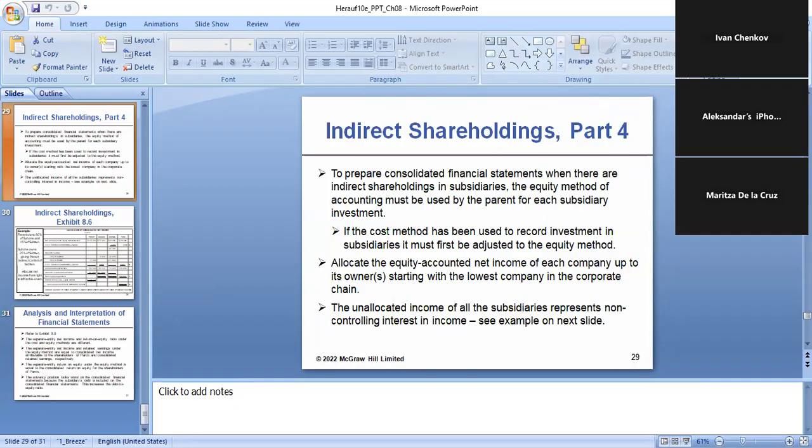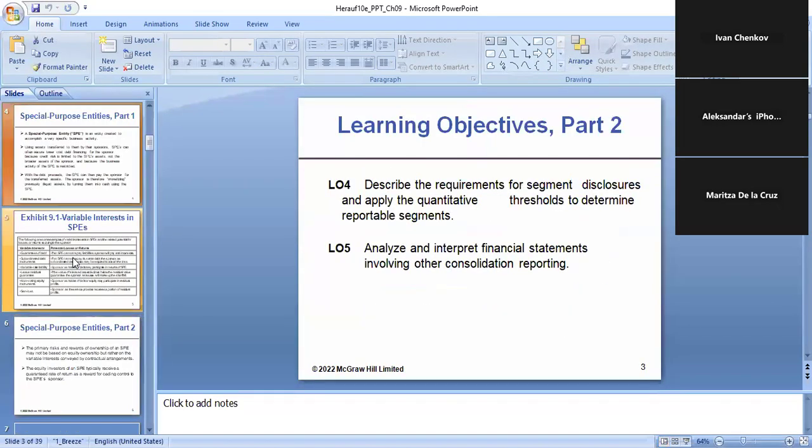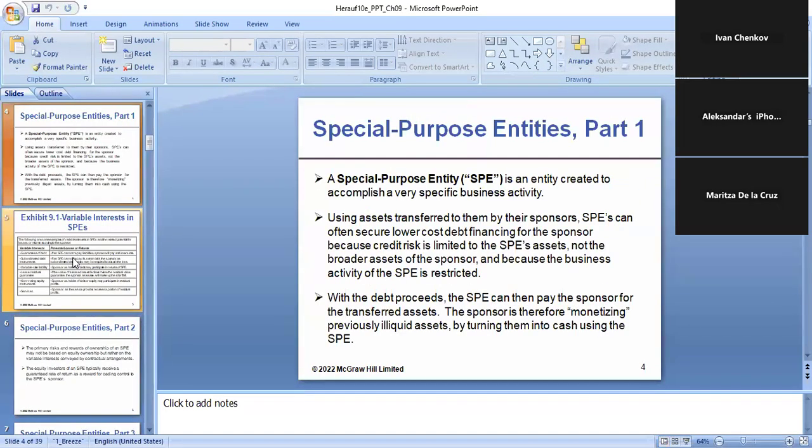Now let's see from chapter 9 what we can extract. That will be other consolidation reporting issues, and the other consolidation reporting issues here are related to the specific purpose entity. Now, specific purpose entity, that's a very interesting vehicle, I would say, to create specific business activities.